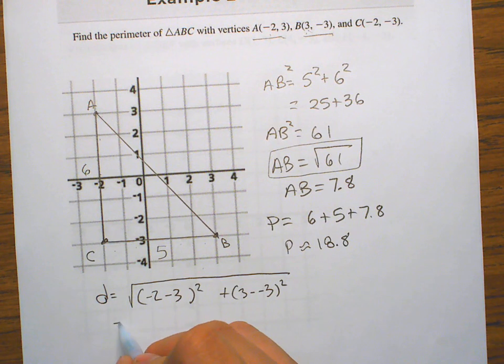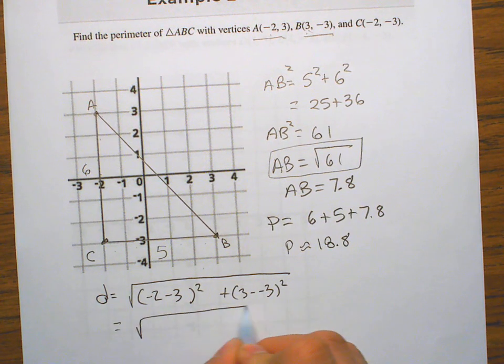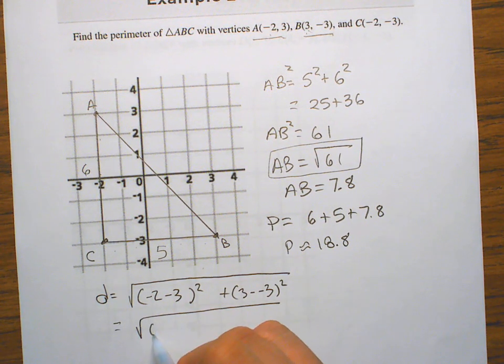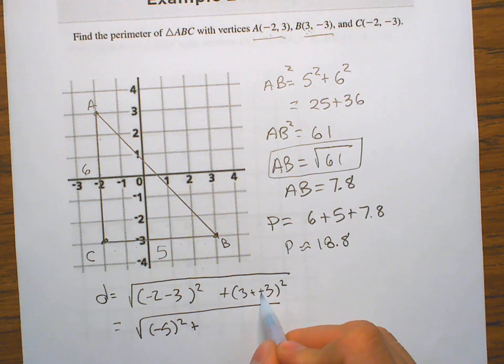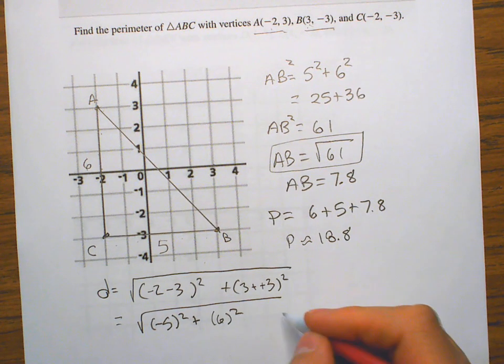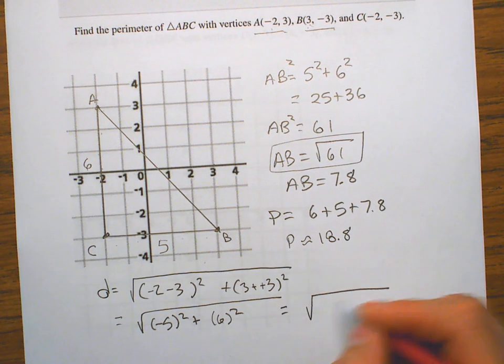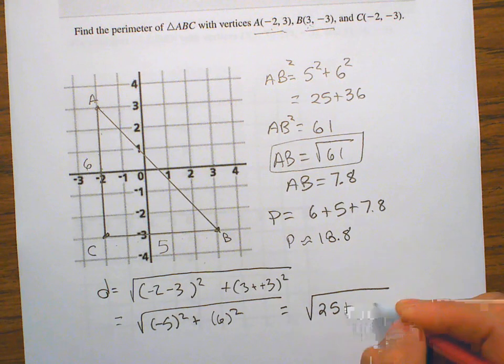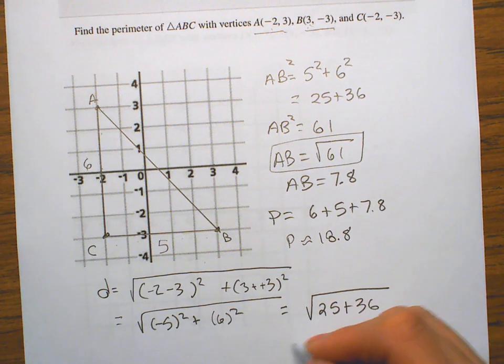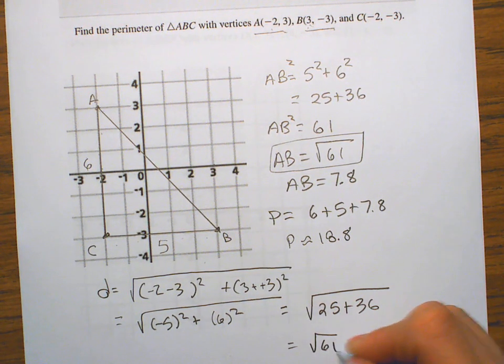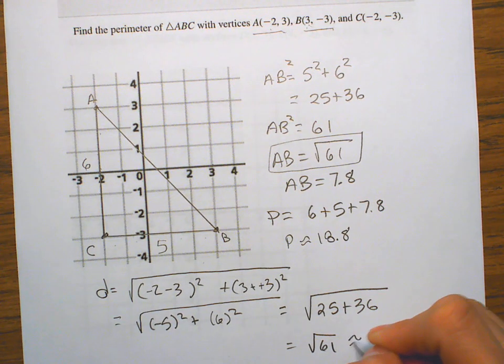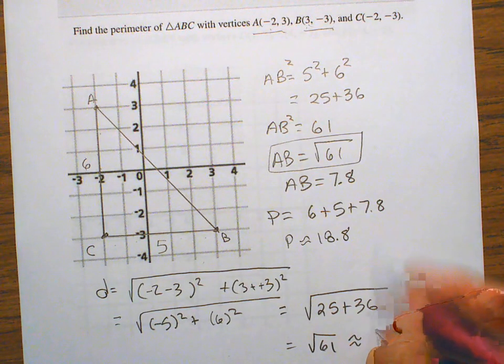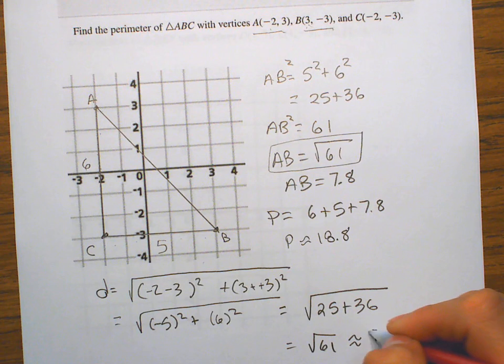So that's going to leave me with -5 squared plus, that turns to addition, 6 squared. When I keep simplifying, that's going to give me 25 plus 36, which is the equivalent to the square root of 61, which is going to give me approximately 7.8.